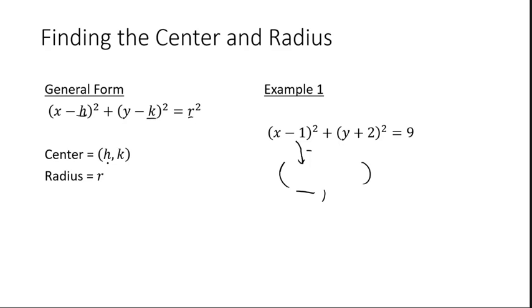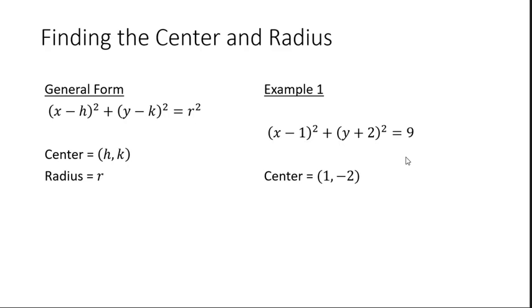So h is the opposite of whatever that is. If this is a -1, this becomes a +1. And our y value, because that's a +2, we change the sign. That becomes a -2. And that's your center. So we always change the sign of whatever's with the x and the y term in parentheses to get our center.